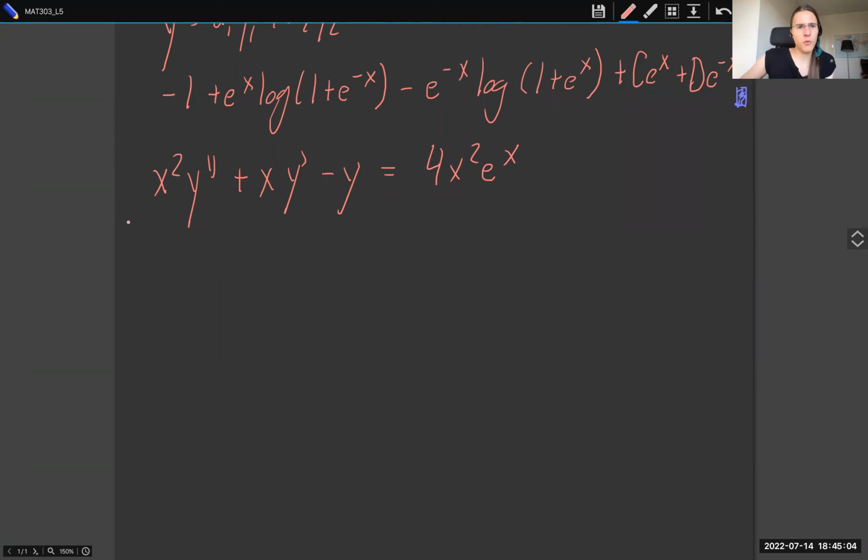So if we consider the homogeneous equation, x squared y prime prime plus x y prime minus y is equal to 0, what kind of equation is that?